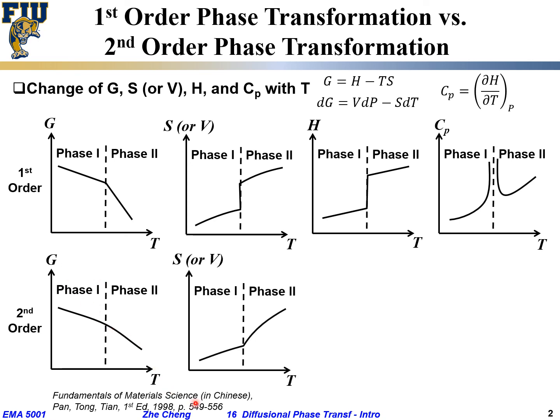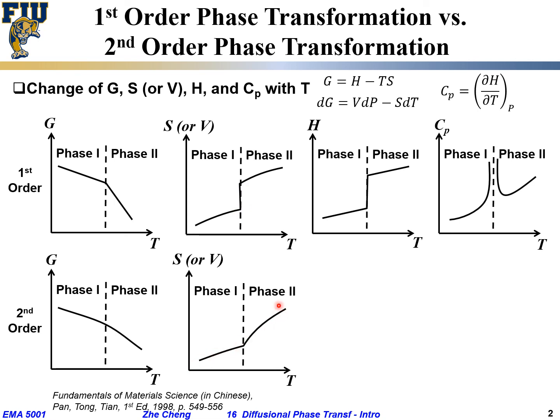And then let's look at the entropy or the volume term. Because we just mentioned for second order phase transformation, the entropy or the volume are continuous at the temperature of phase transformation. As a result, unlike the first order transformation where we observe a sudden change in entropy or molar volume, here they should be continuous.